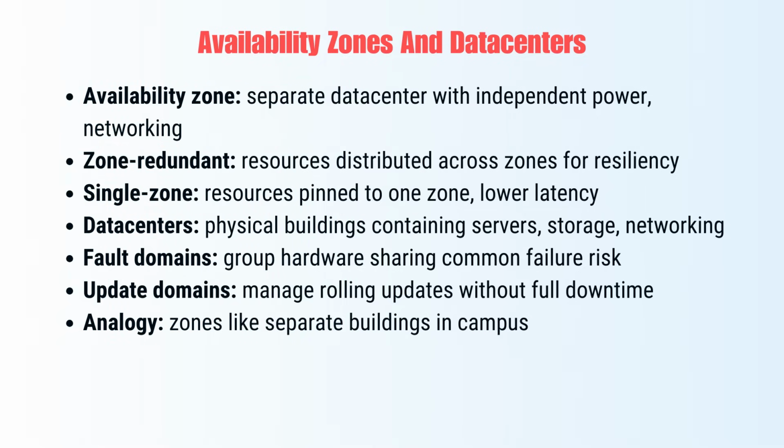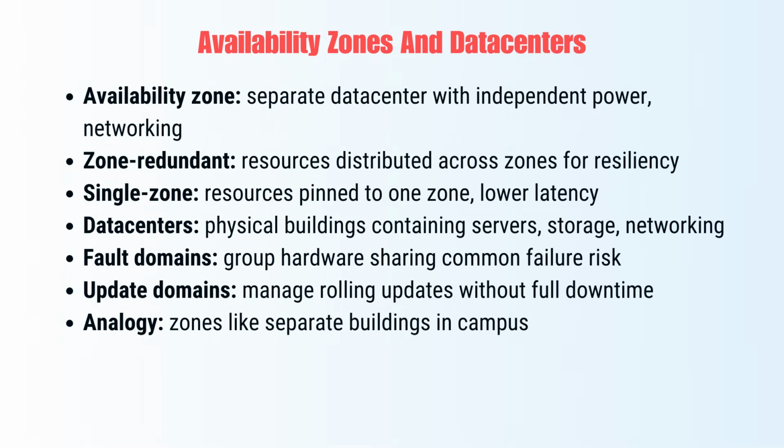When you deploy zone-redundant services, Azure spreads instances across multiple zones. For example, you can run your application in Zone 1, Zone 2, and Zone 3. If one zone fails, traffic can be routed to the remaining zones, increasing availability. Some resources are zonal, meaning you can pin them to a specific zone, which can be useful for low-latency scenarios or aligning to on-premise connectivity.